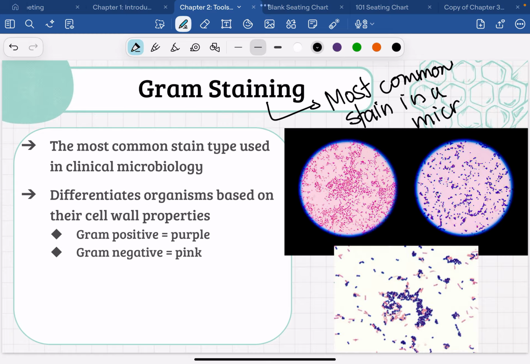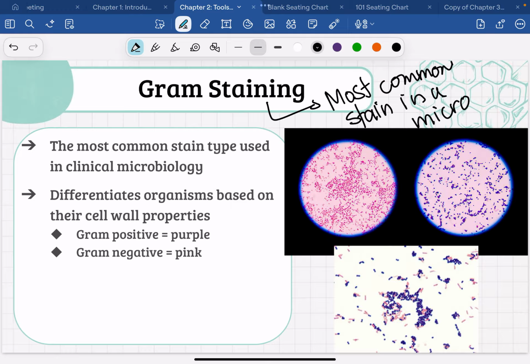Now, there are lots of different stains that can be used depending on what you're trying to see. If you're trying to see if something has endospores, you can use an endospore stain. If you're trying to see if something is tuberculosis, you can use a tuberculosis stain. There's lots and lots of different things that can be used, and we'll talk more about a lot of them later. But by far, the most common stain used in a microlab is a gram stain.